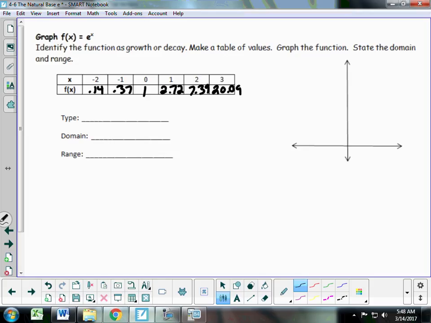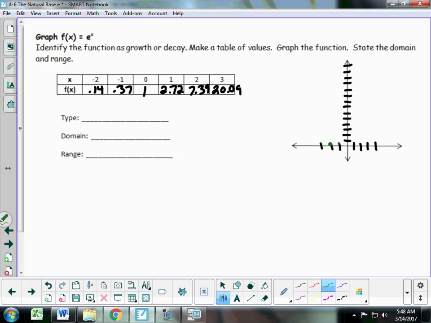Alright, so let's graph this. Make a couple marks going both ways. Negative 2, 0.14, that'd be pretty low.